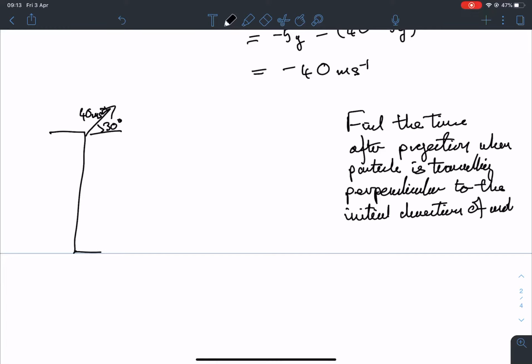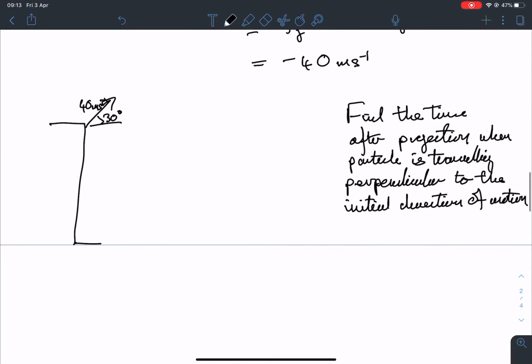Okay, last little reminder question, and this is the one that we've been building up on. So I'm going to add an extra little bit to this question. It's this projectile one.